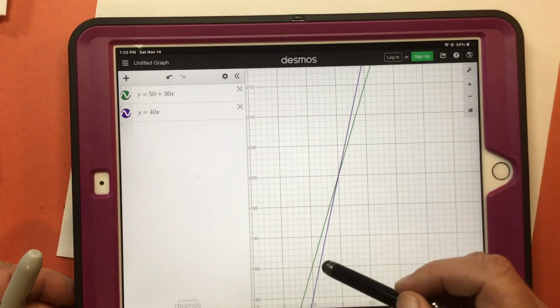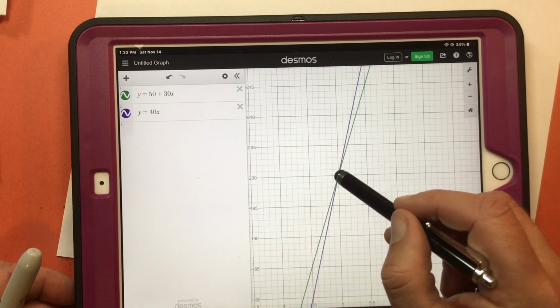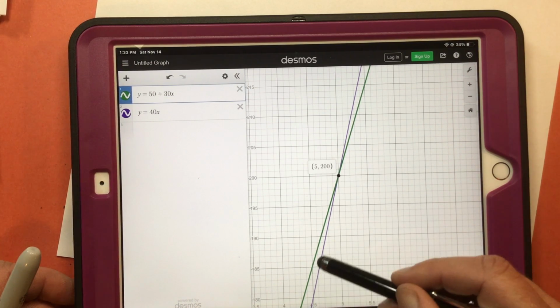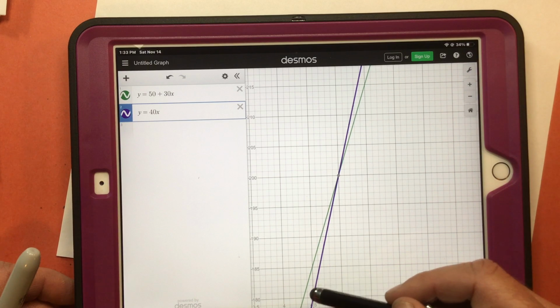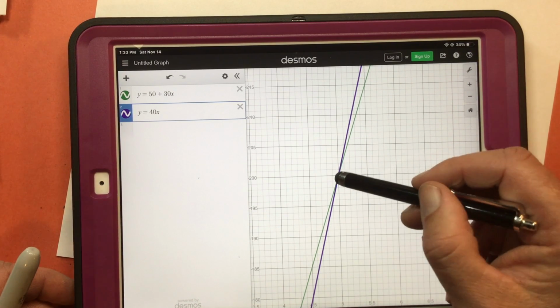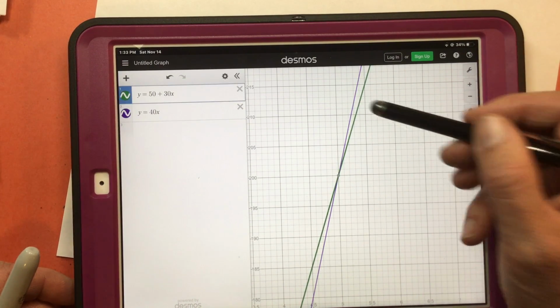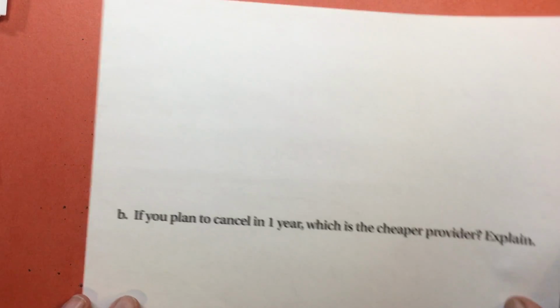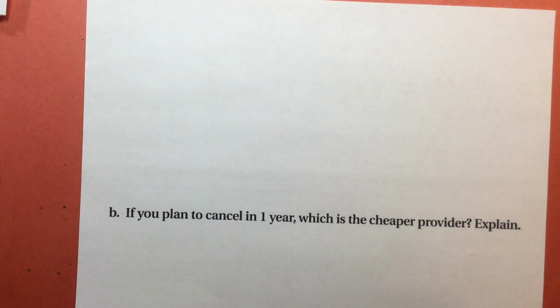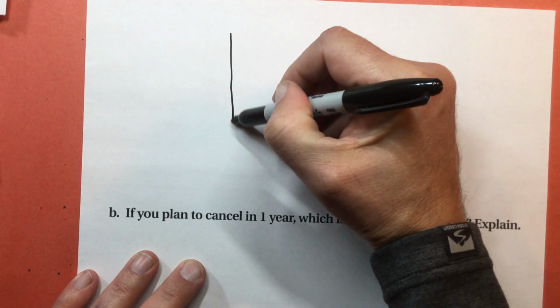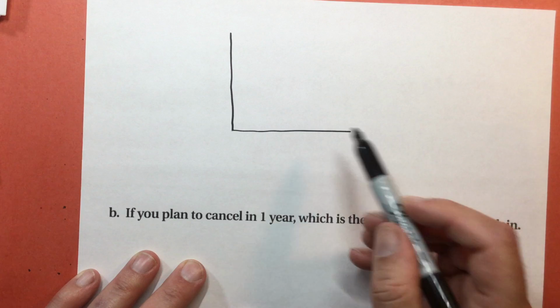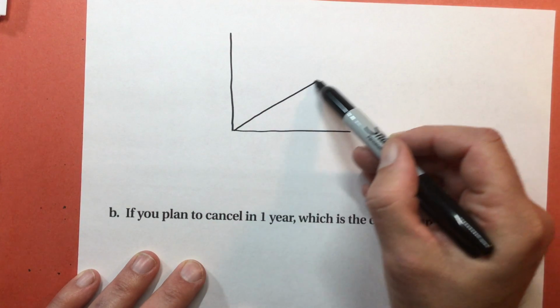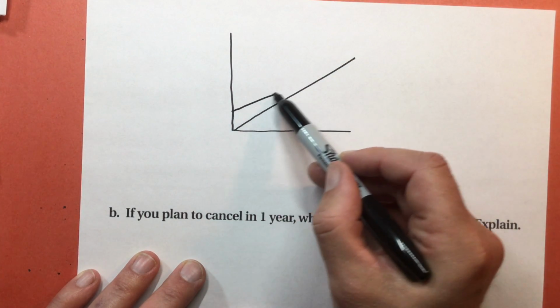Okay, now notice that up until this point, the purple line is below, so that's cheaper. But after this point, the green line becomes cheaper. So what happens, showing the paper, the lines actually look like this. One of them does this, and the other one does this.